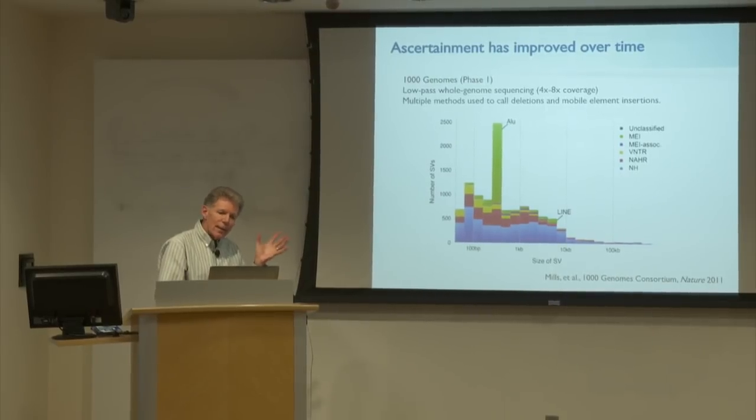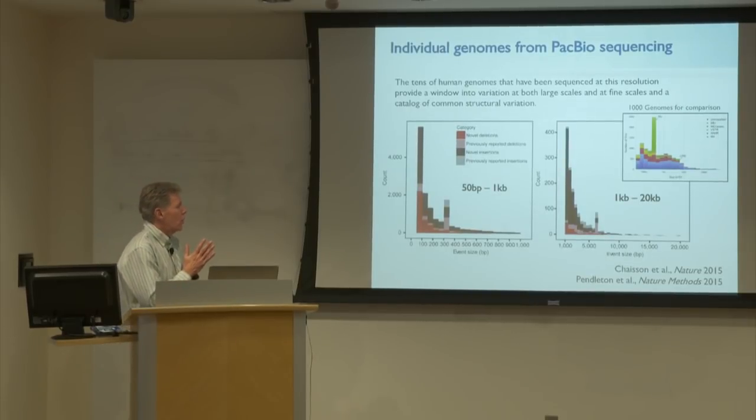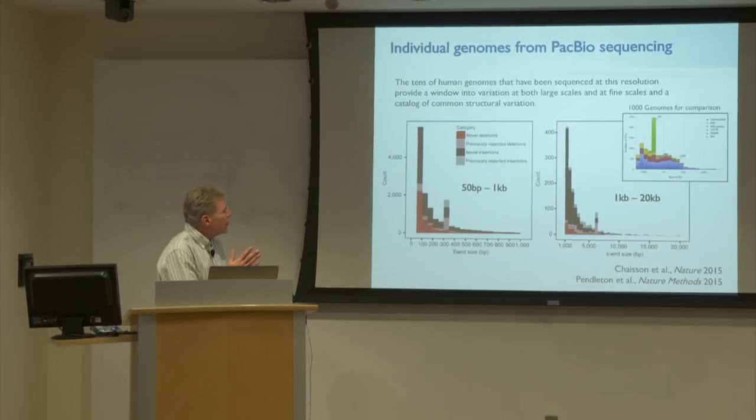But this picture is not completely right because we didn't have complete ascertainment. If we look today at what we can see from a few genomes done at very high resolution with long read sequencing, we can say more what the true spectrum of structural variation looks like.